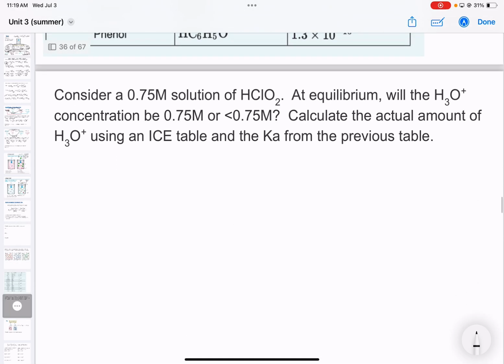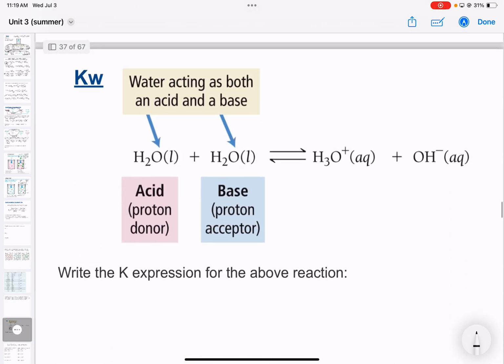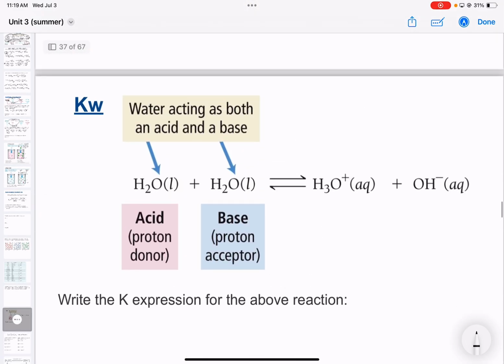Okay, so I want to do some of the basic calculations, not the K expressions. Here, go to where it says KW. So this is going to be all of the pH, H3O plus concentration.